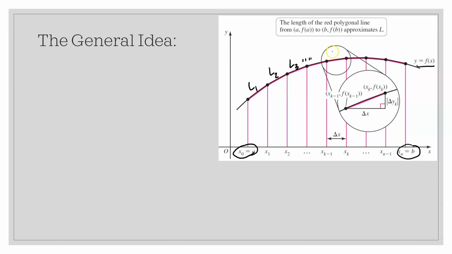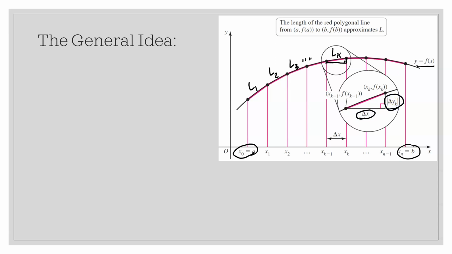Suppose we're looking at this particular length here. Let's call this L sub k, which is the kth piece in that length segment. If we look at this here, we have a tiny right triangle. We'll blow that right triangle up and say one leg of the right triangle is delta x, and the other leg is delta y.